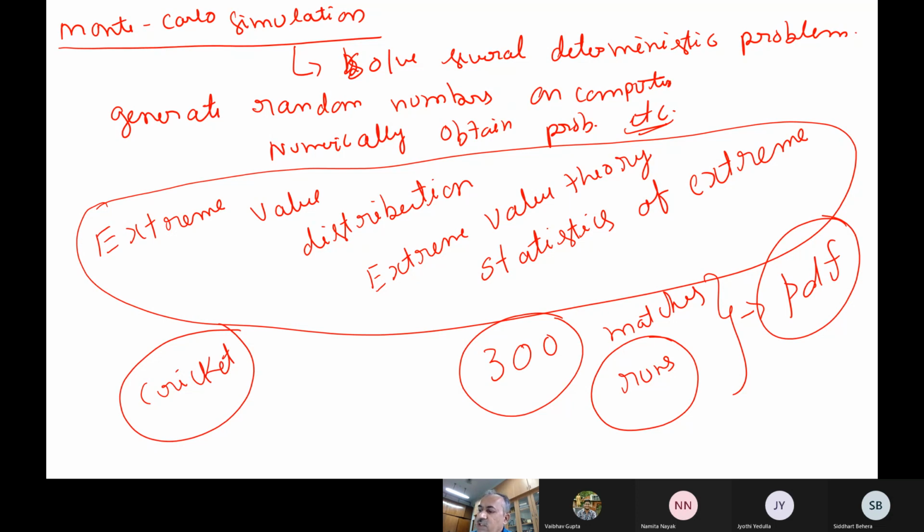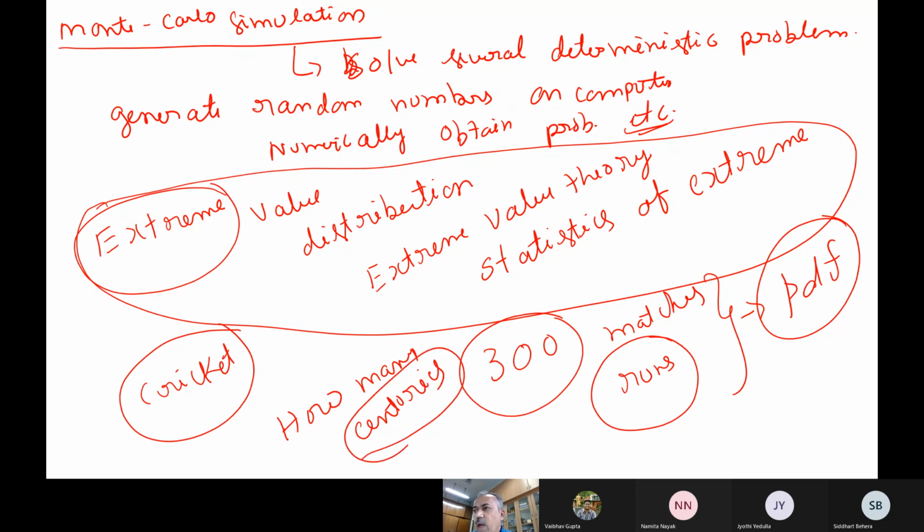Now if I ask a question, I am interested not in his runs but in the extreme value. In cricket the extreme thing is how many centuries. I am not interested in how many runs he scores in each match. I am interested only in the centuries, which are rare events, or maybe a double century, which is a very extreme kind of thing.